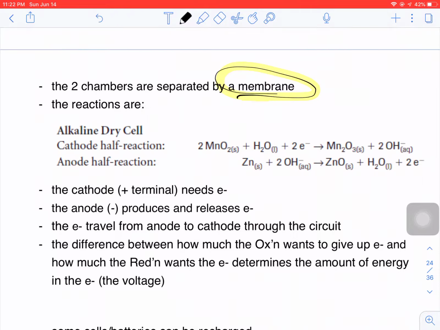So in the cathode half reaction, I see that manganese dioxide is going to turn into dimanganese trioxide. If I look at the oxidation numbers, oxygen is -2, manganese is +4, and on this side, oxygen is -2. There are three -2s, so the manganeses are actually +3.